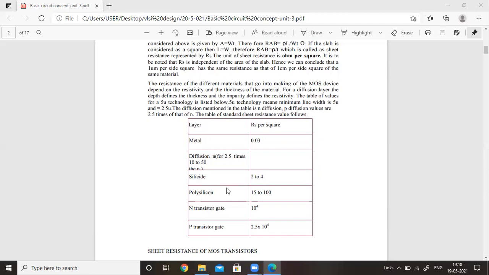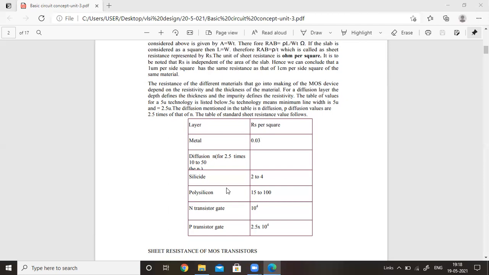So once you know the technology name, such as 5 micrometer, 2 micrometer, 1.2 micrometer, 1 micrometer or 0.2 micrometer, this indicates the width of the feature size transistor.